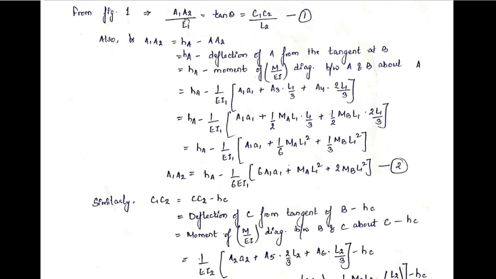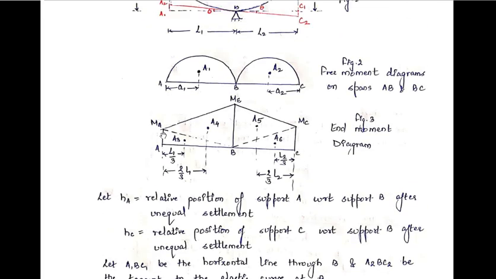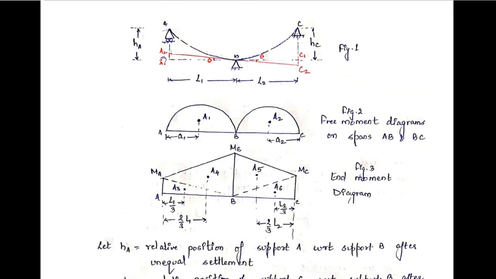Now let's find the value of A1 A2. If you see this diagram, here A1 A2, if I subtract A A2 from HA, I will get the value of A1 A2. So A1 A2 will be equal to HA minus A A2. Now A A2 is what?